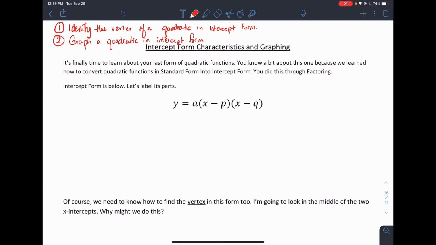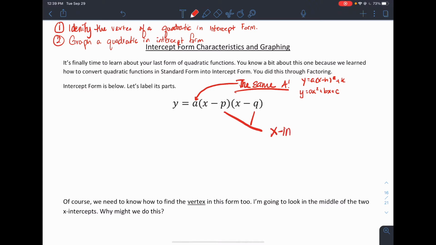So you might recognize our friend A. This is the same A again, the same A from y equals a times x minus h squared plus k, and the same A from y equals ax squared plus bx plus c. Right? That's the same A. And P and Q are the x-intercepts.